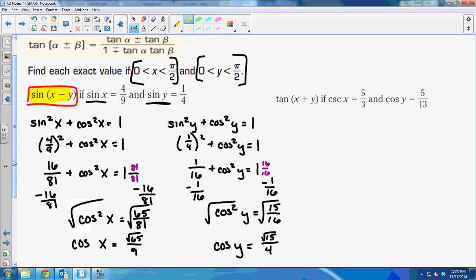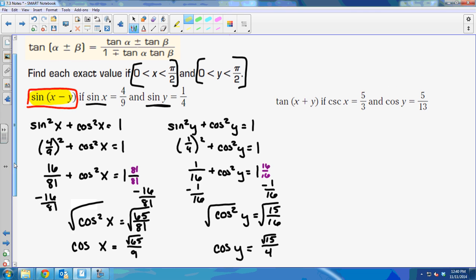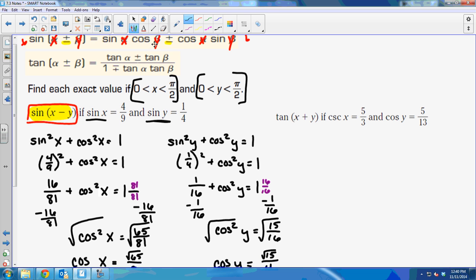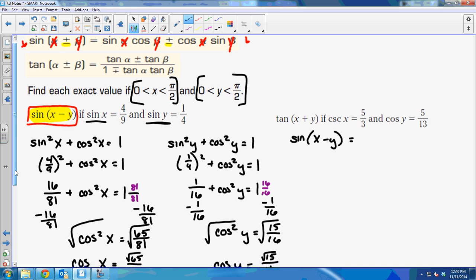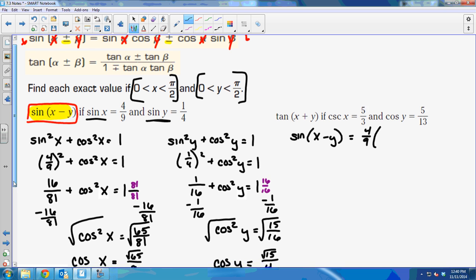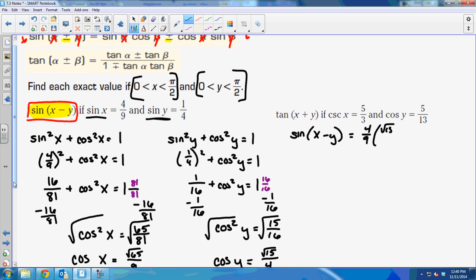So the identity, I'm going to do that to the side so we can see all the work together. If you want to do it underneath or whatever, that's fine on your note sheet. But our identity says sine of the quantity x minus y equals, okay, so it says sine of x is 4/9, times cosine y, which is the square root of 15 over 4, minus cosine x, which was the square root of 65 over 9, times sine y, which was 1/4.